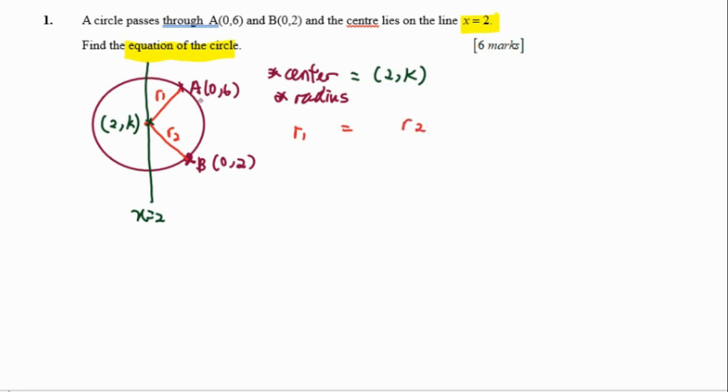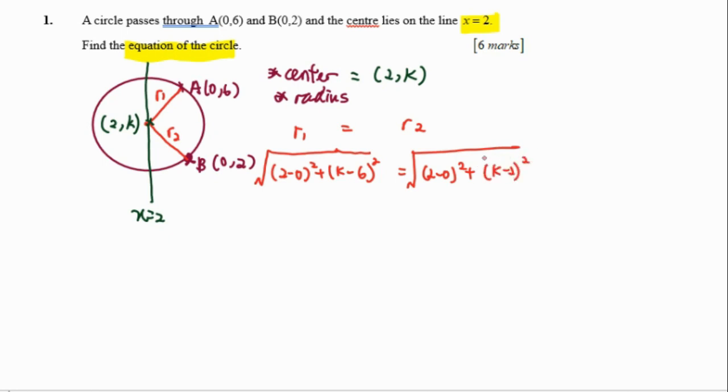To find the distance between 2 points, we use the equation square root of (x1 minus x2) squared plus (y1 minus y2) squared, which equals the radius. Using the distance between 2 points, it becomes the square root of (2 minus 0) squared plus (k minus 2) squared. So from here, we can find out our k.